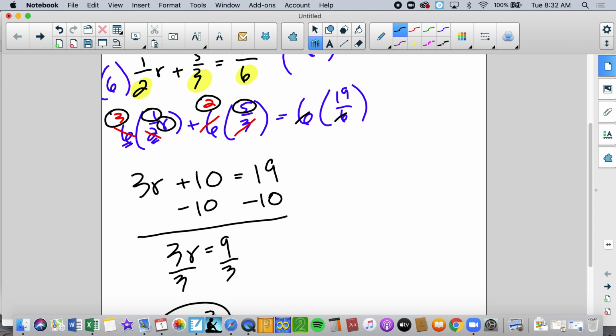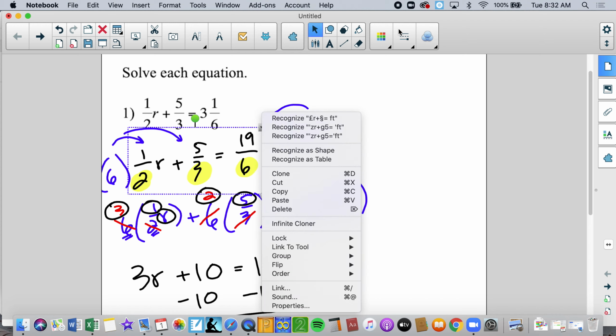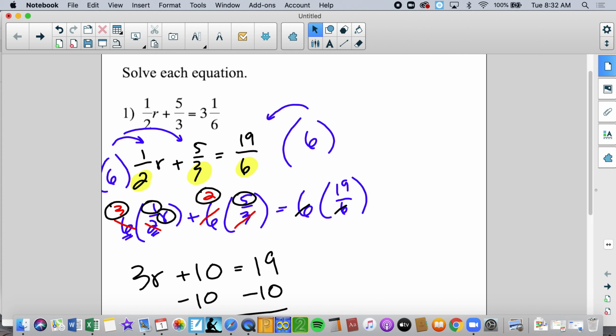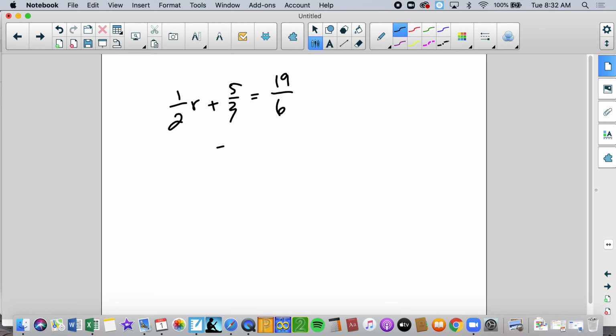I'm not saying that you can't stay in fractional work. Let's do a new page. So you can take this equation and solve it using fractional work. Minus 5/3.